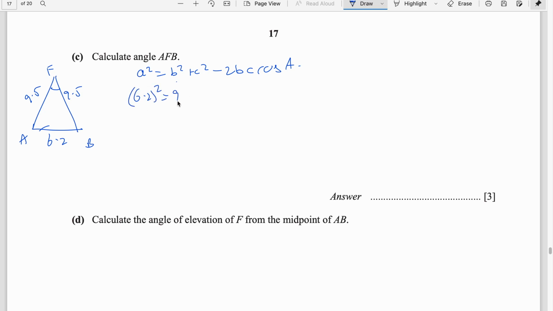square is equal to the square of the other two sides minus 2 into 9.5 into 9.5 into cos of the opposite angle.